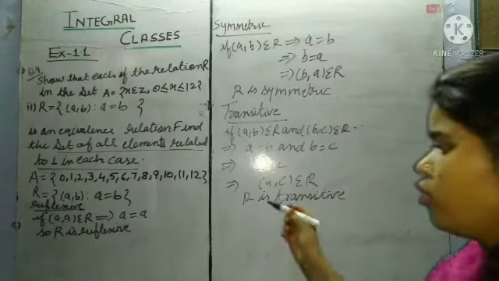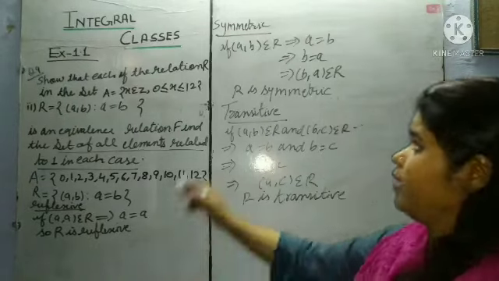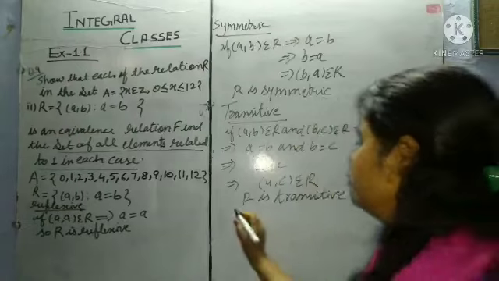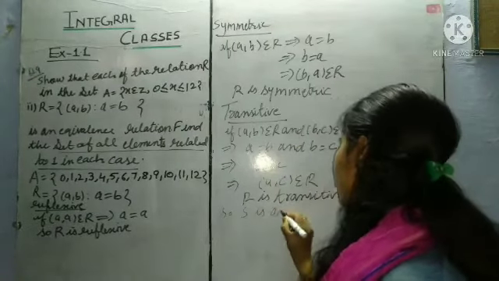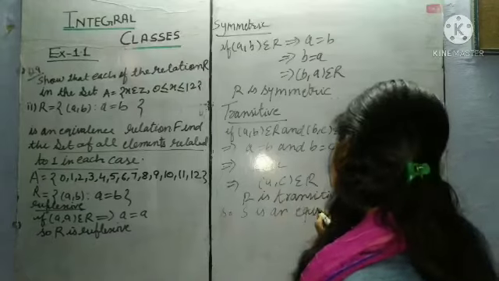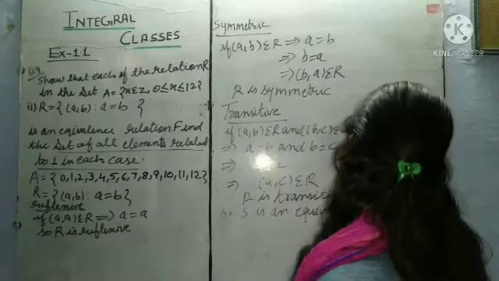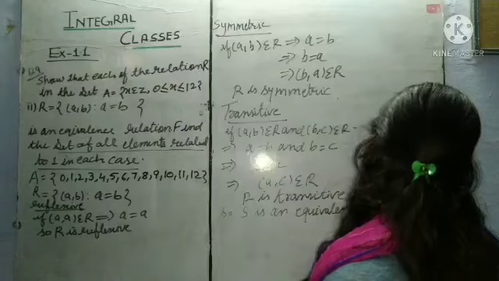Now R follows all three conditions: reflexive, symmetric and transitive. So R is an equivalence relation.